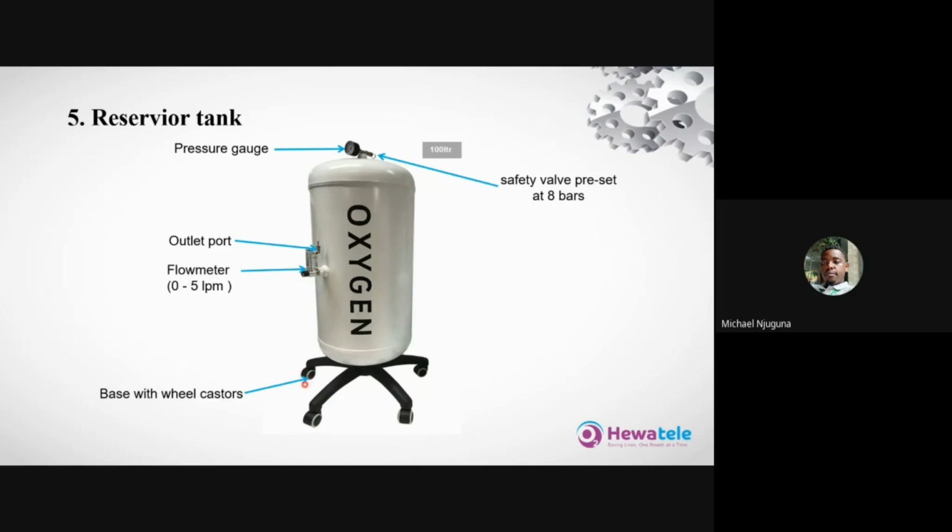At the bottom is the base, which has wheel casters. Because to easily move this tank, which has a capacity of 100 liters, you'd at least need something to move it, which are the wheels in this case.